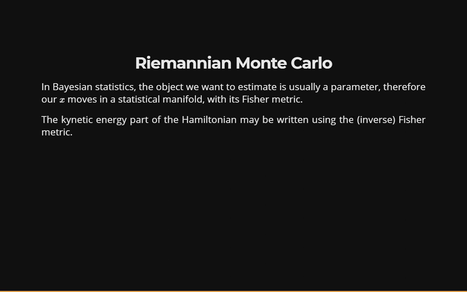The kinetic energy part of the Hamiltonian, so the sigma squared halves norm of alpha squared, may be written using the inverse Fisher metric. So you end up with something looking like this. So minus log of your density plus 1/2. This is just the norm of alpha with respect to the inverse metric.